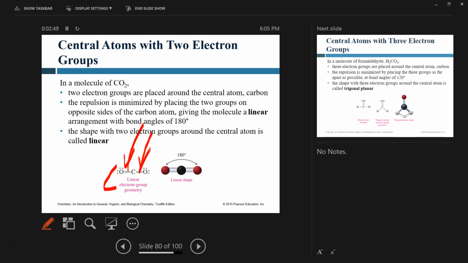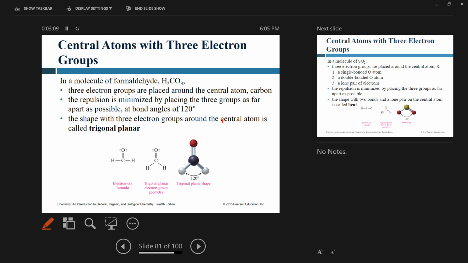So in order to maximize the angles between the bonding pairs and the lone pairs, the only arrangement that will work is the arrangement where the molecule has a linear shape. Remember we talked about it.